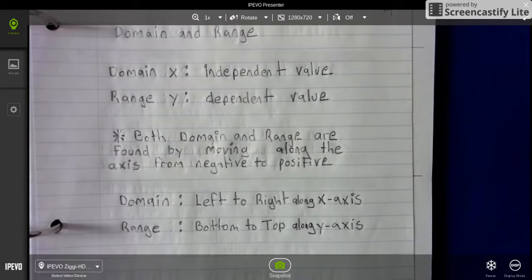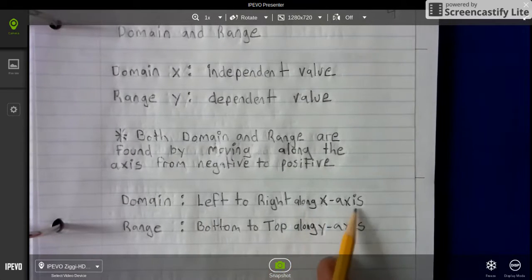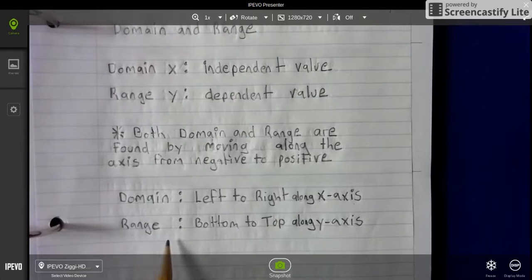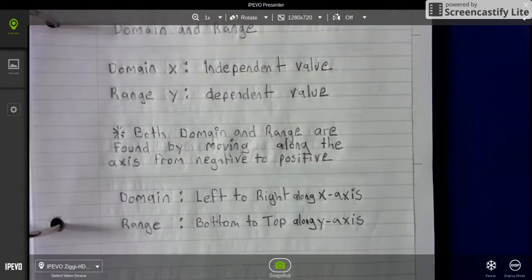Now domain is found from left to right along the x-axis, and range is from bottom to top along the y-axis. Now, you might pause, get down those notes, and then move on to some examples.